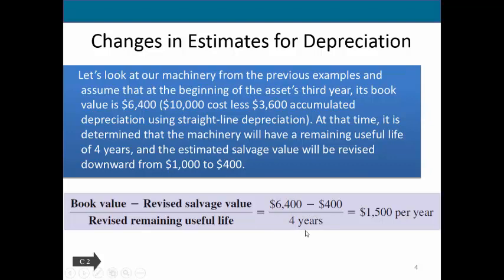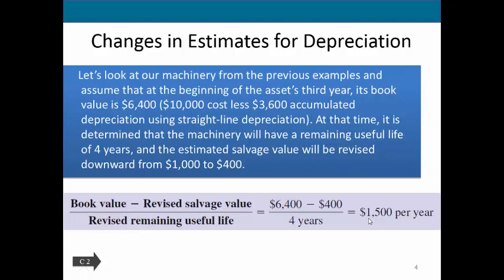Remember, before we were dividing by 10 years because we thought we had 10 years of useful life. Instead, we see now, in truth, in total, we're only going to get 6 years of useful life. But at this point, 2 years have already passed, so the remaining useful life is only 4 years. So now you can see that we are going to have a new depreciation amount of $1,500 per year.